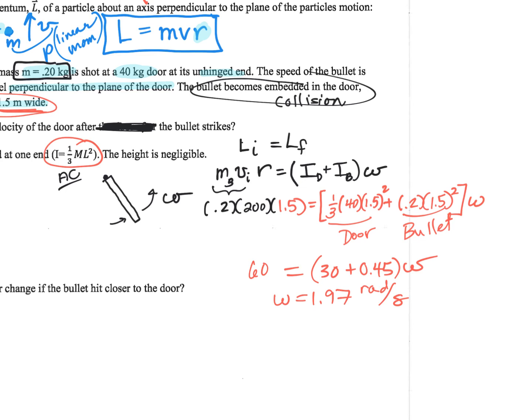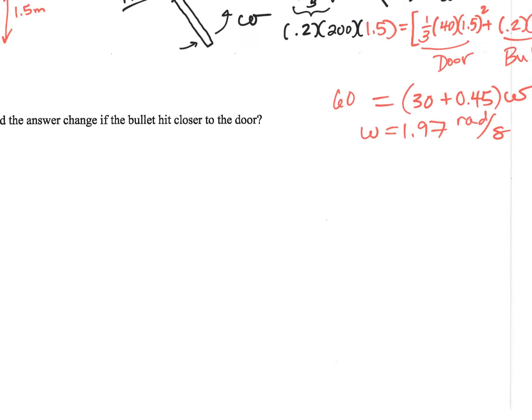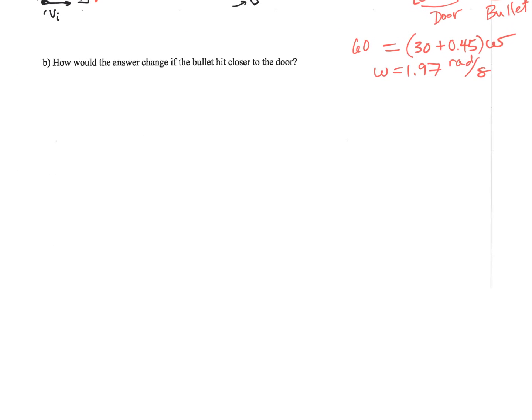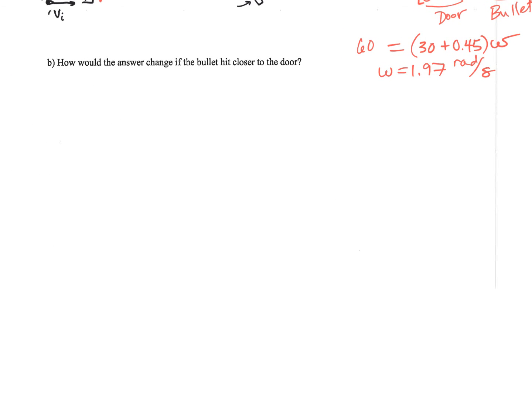All right, so now here's the hard part of the question. How would the answer change if the bullet hit closer to the door's hinge and not at the edge? What would happen? Less torque. R for the bullet would do what? Go down, which means that the inertia for the bullet and L initial would both go down.